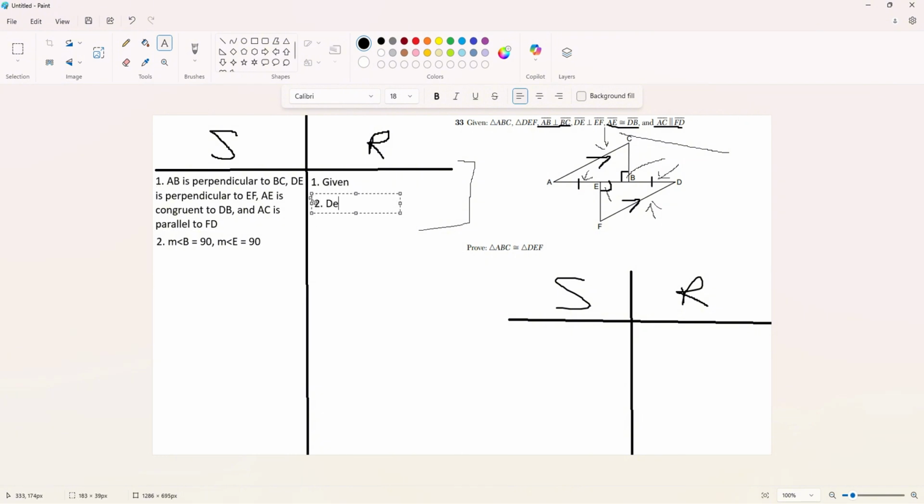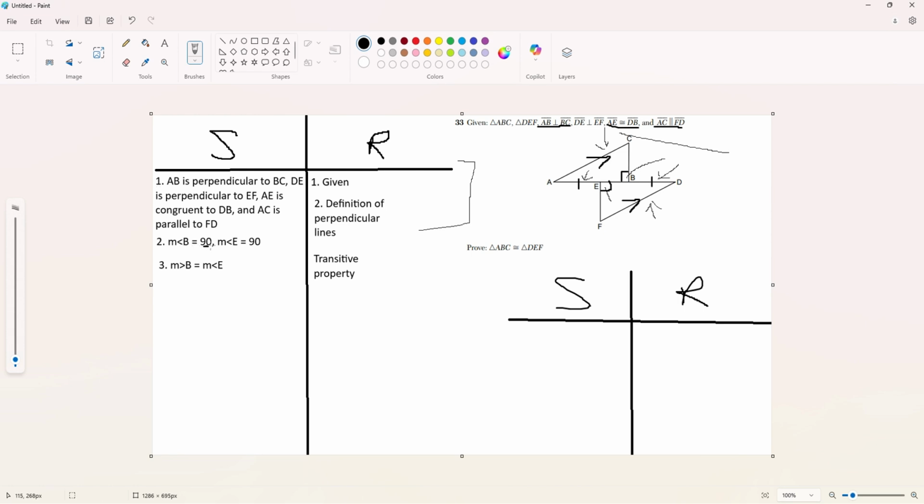And we are able to determine it because of the definition of perpendicular lines. Next up, by the transitive property, we can say that the measure of B is equal to the measure of E, since as you can see, they're both equal to 90, making them equal.